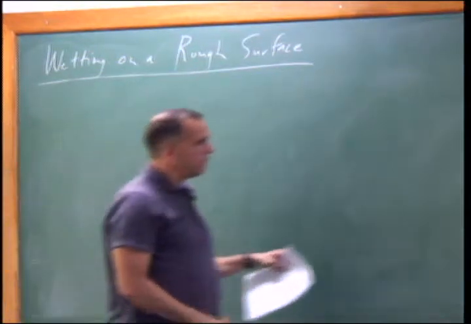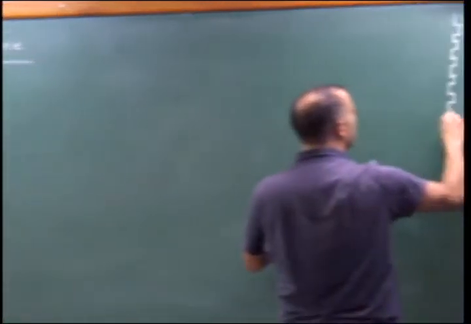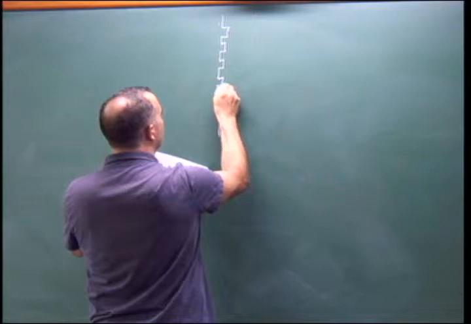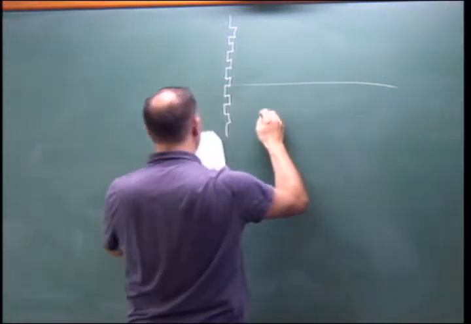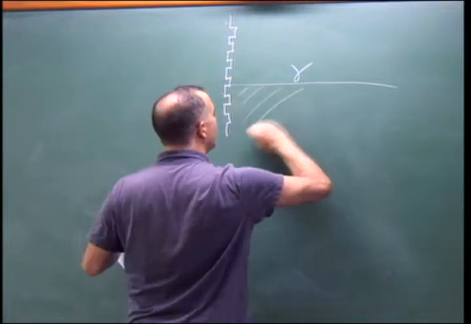Okay, so you can ask the question, if we have a rough surface and we're in contact with a bath, we have a surface tension gamma.